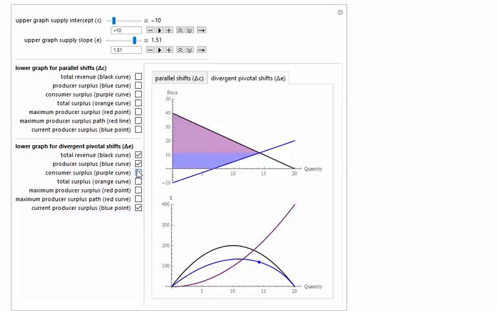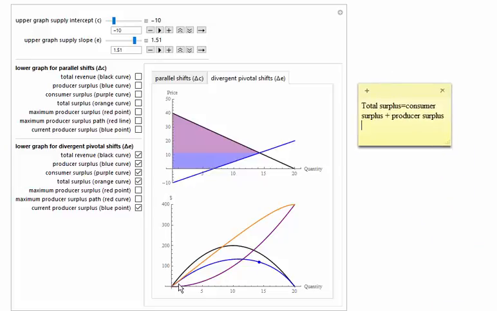Let me, just for ease of showing, let's now take a look at producer surplus. Actually, let's leave in consumer surplus for a second. Total surplus, this orange line, is, there it is. In this case, there's our total surplus, which is equal to our consumer surplus plus our producer surplus.